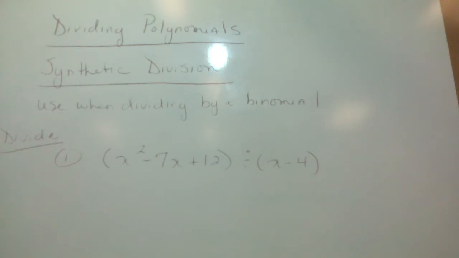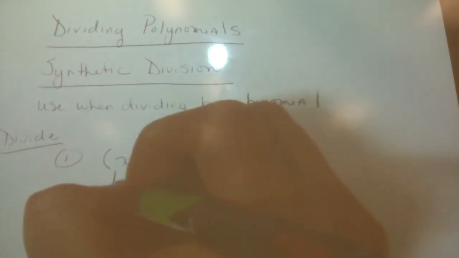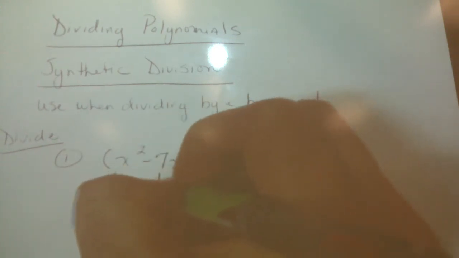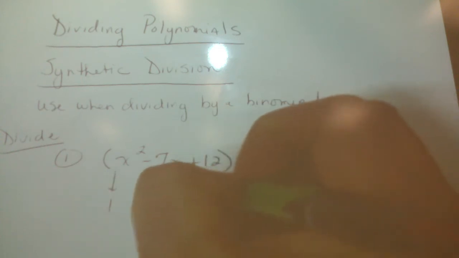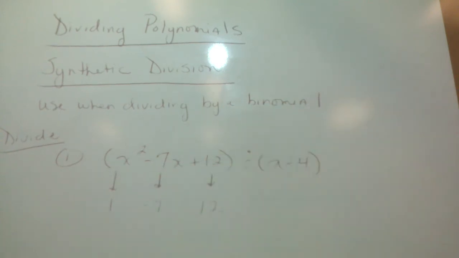Okay, so the synthetic division, the first step in this is we're going to take, there are 3 terms in that first parentheses. It's a trinomial. I'm going to take those coefficients and bring them down. So the coefficient, the number in front of the x squared is a 1, so I'm going to bring that down. This is a negative 7, and this is a 12.